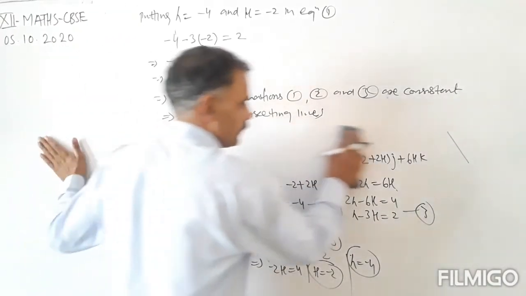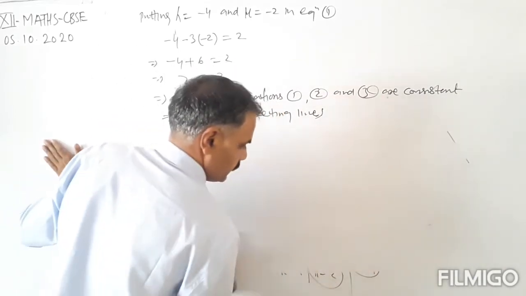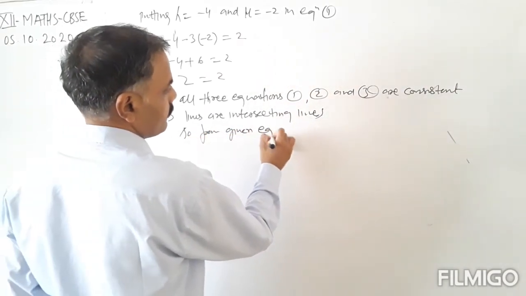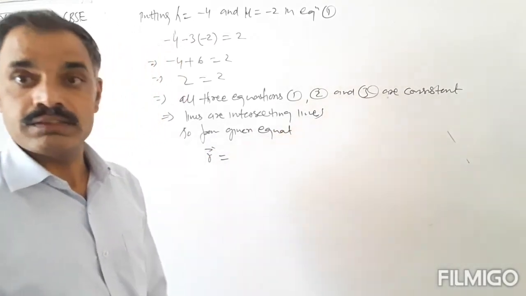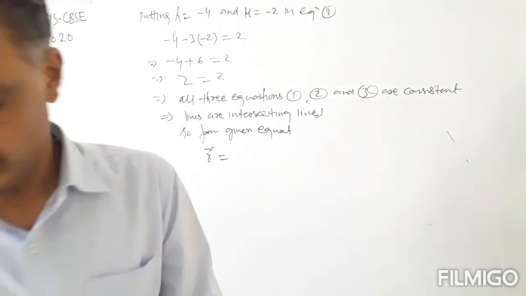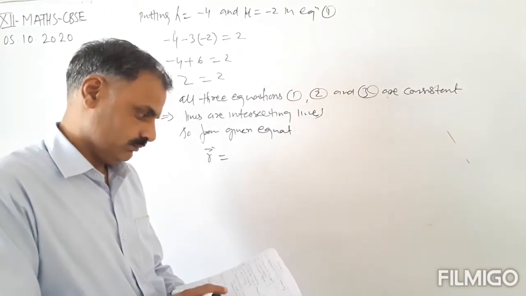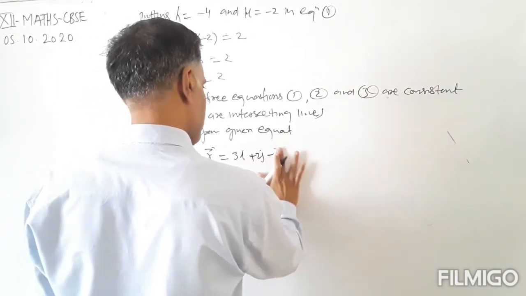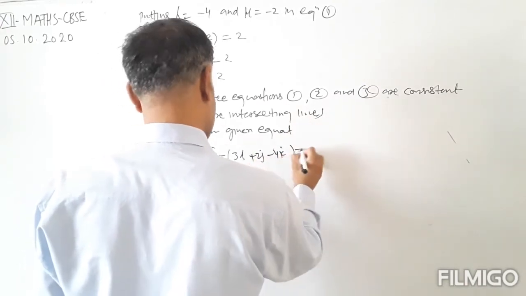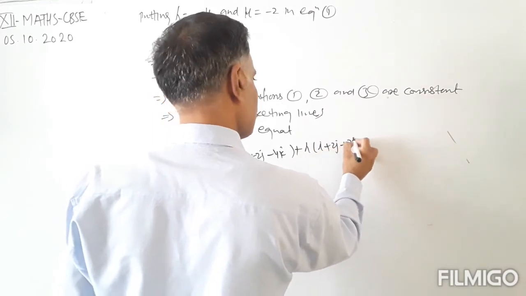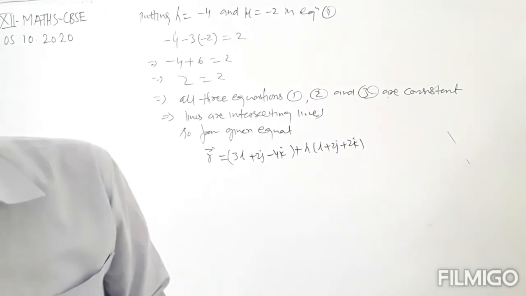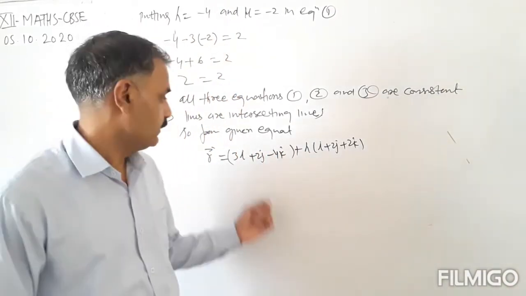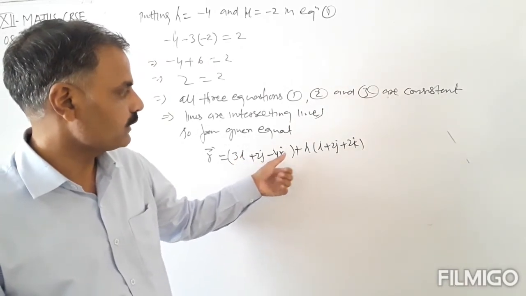From the given equations, this is the first equation: r vector equals 3i cap plus 2j cap minus 4k cap plus lambda into this.